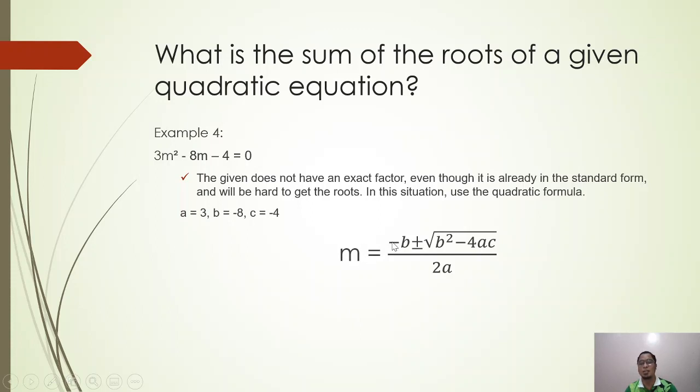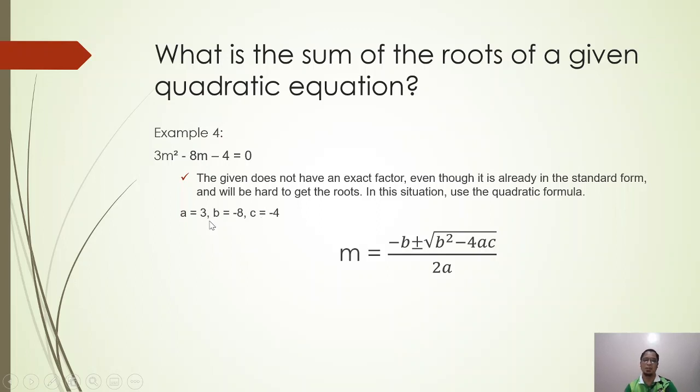So, M equals negative B plus or minus the square root of B squared minus 4AC all over 2A. This will be our formula. Once we have the formula, all we have to do now is look for the values of A, B, and C.